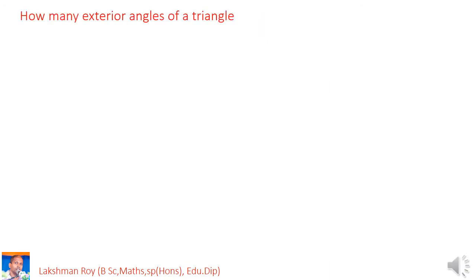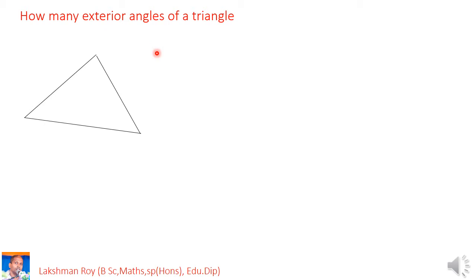Okay, now students, in a triangle there are exterior angles, right? So earlier I explained what is an exterior angle. Right now I am going to find how many exterior angles are there in a triangle.